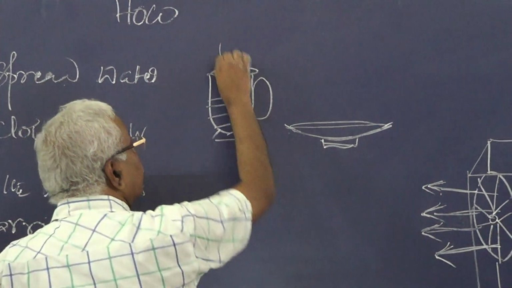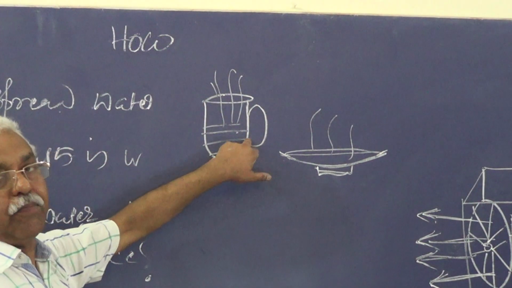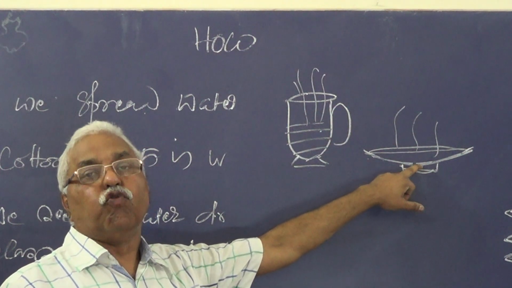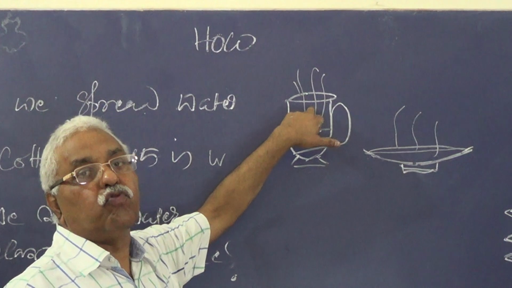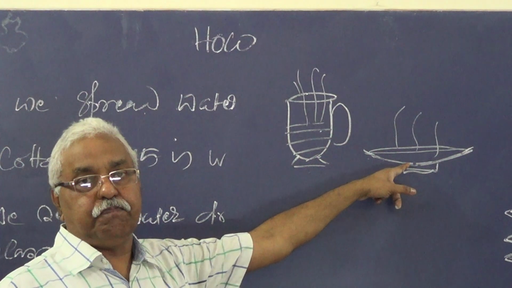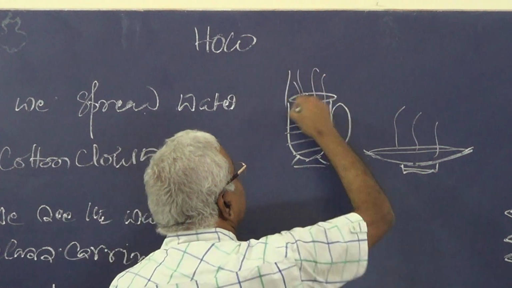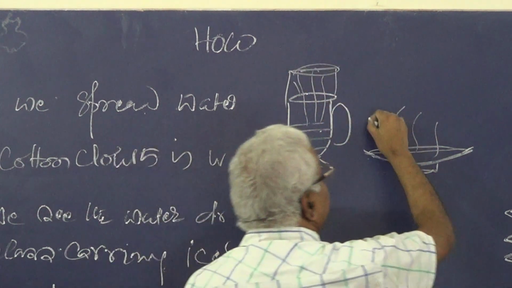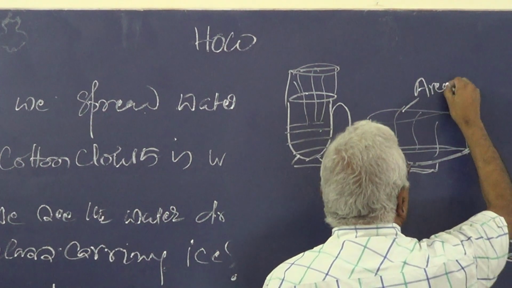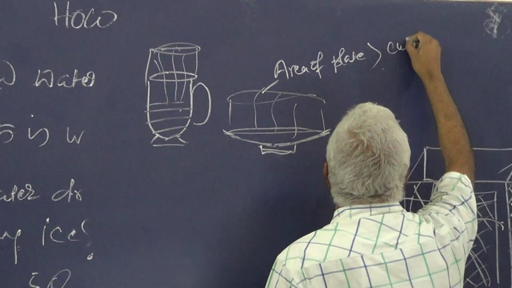When you are taking tea from a cup, it will take more time to cool; in a saucer, less time. Here the tea will become cool faster, here the tea will become cool slower. Why? Because of the increase in surface area. Here surface area is less, here surface area is more. The area of the plate is greater than the cup.